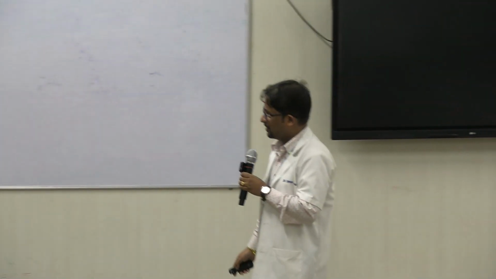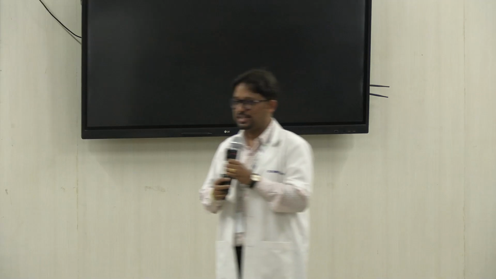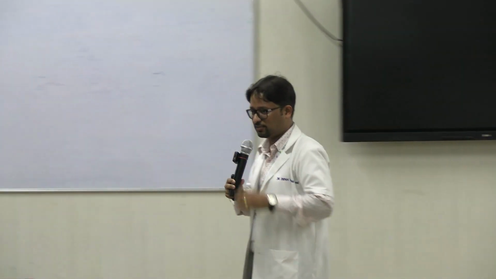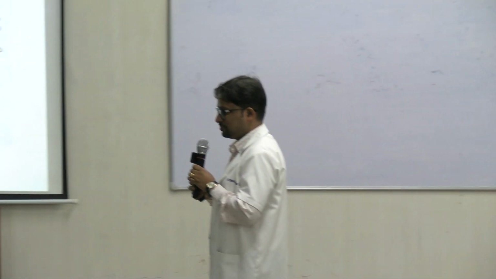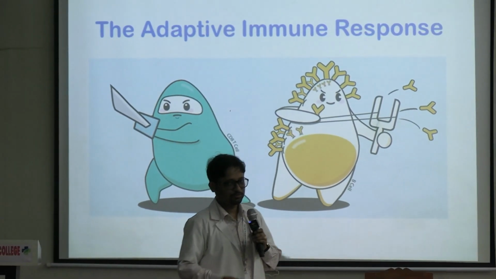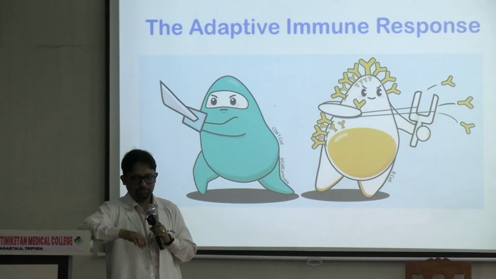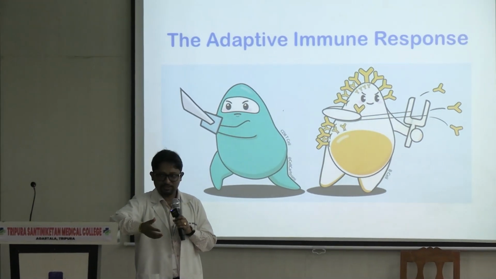Okay. So there are two ways by which adaptive immune cells can fight. It can either go to the cell and, like with a sword, stab the cell. One way of the battle is this.